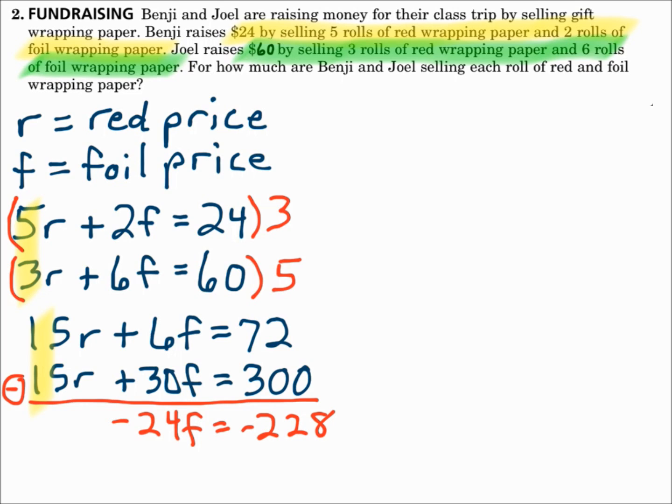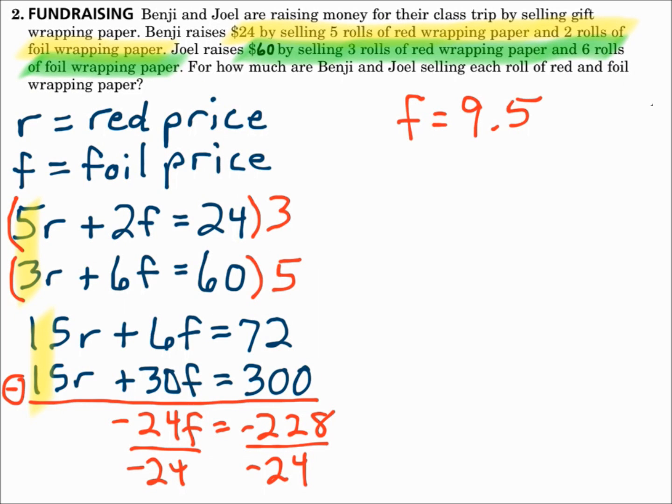Now solve for f. Divide both sides by negative 24, and f is 9.5. So a foil wrapping paper costs $9.50.